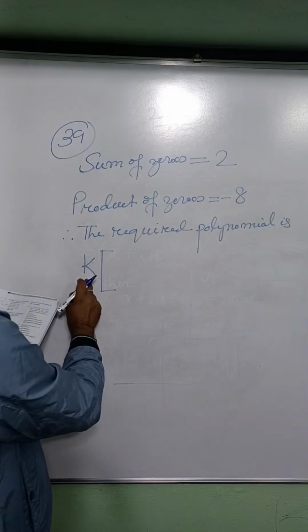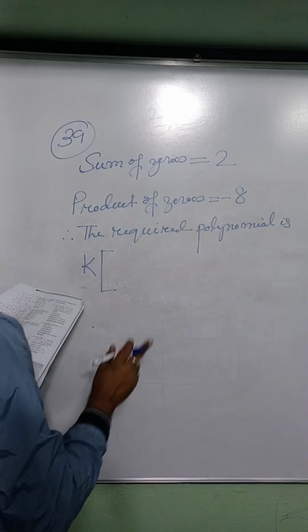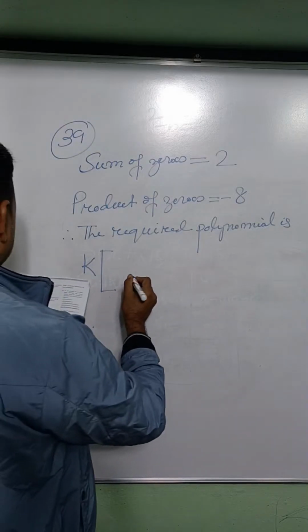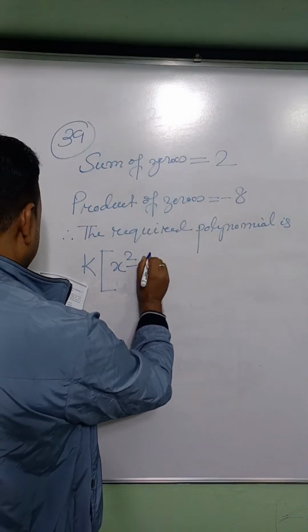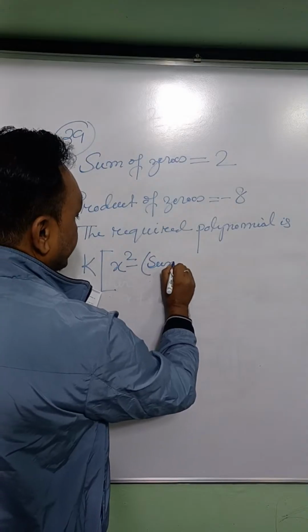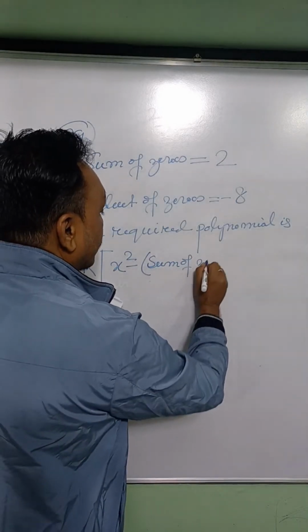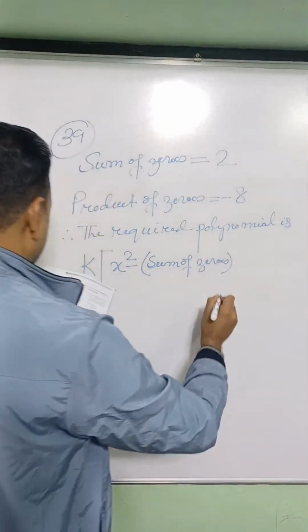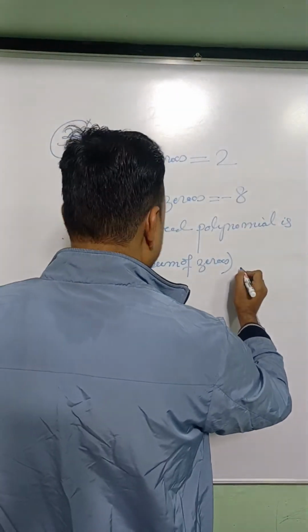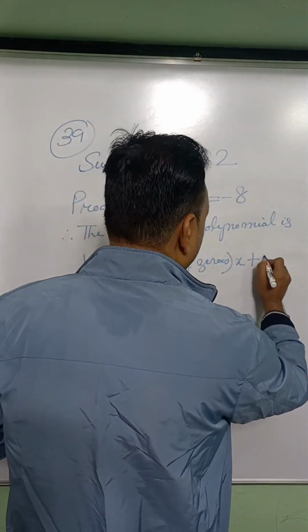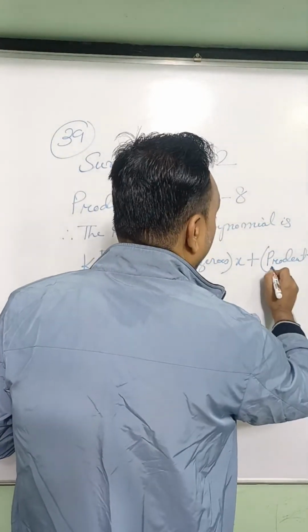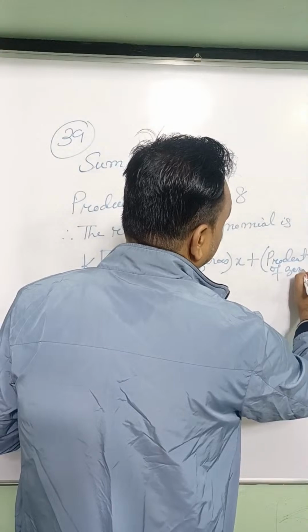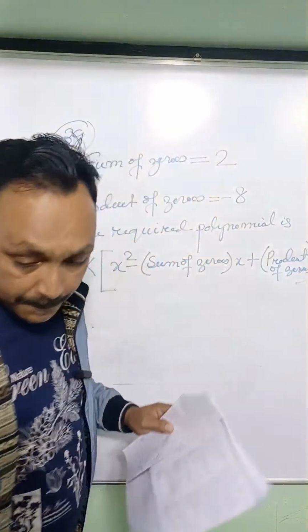Remember, k is always a constant, a non-zero real number. Then the formula is k times x square minus sum of zeros times x plus product of zeros.